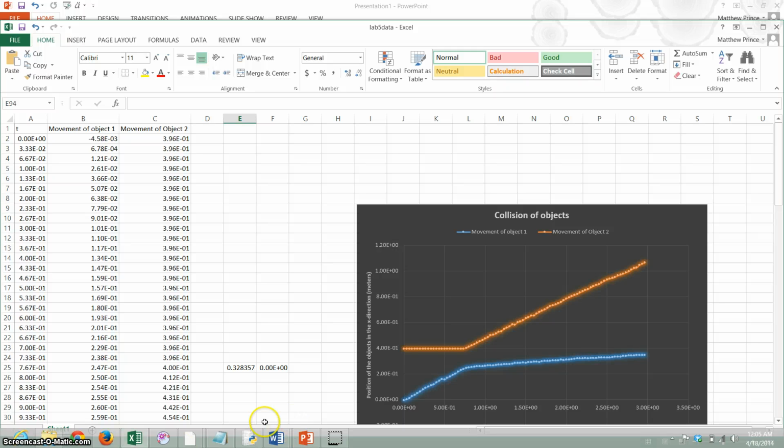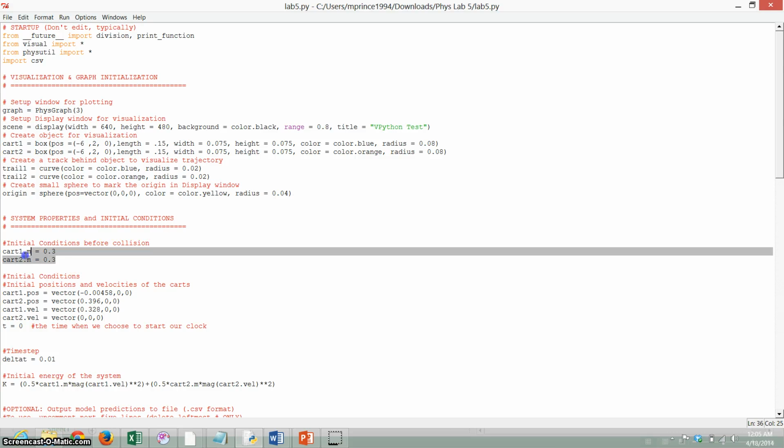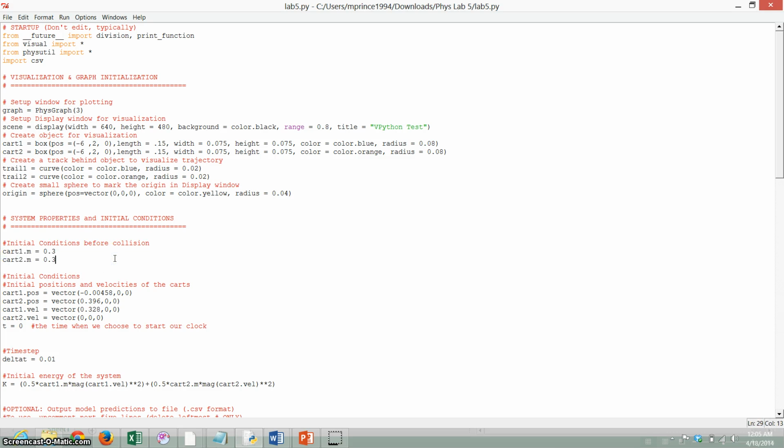Now in the code, I initialize the carts' masses and positions and velocities before the collision and after the collision, as shown here. The delta T and the initial energy of the system.